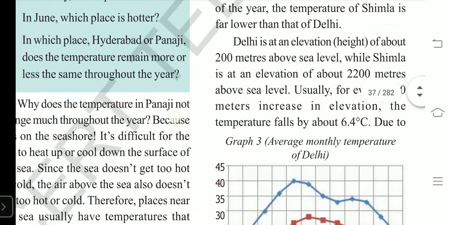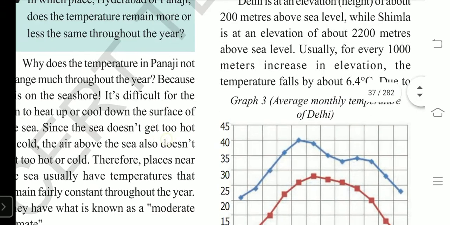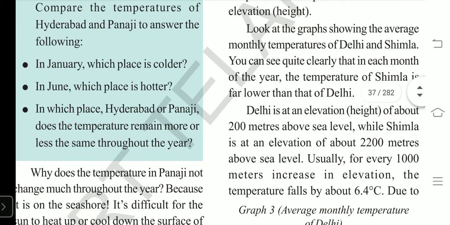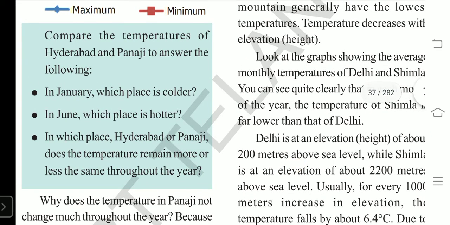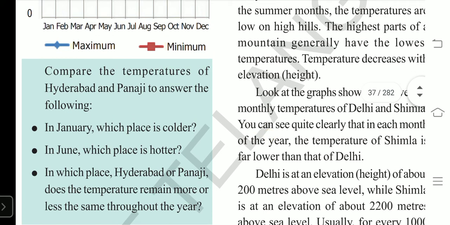Understand? The place which is near to the sea will get some cold breezes, that is, the wind blowing from the sea is cold. That is called sea breeze, which is a cold sea breeze, understand?